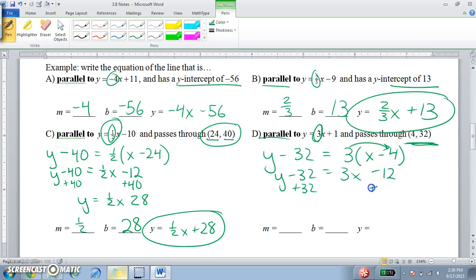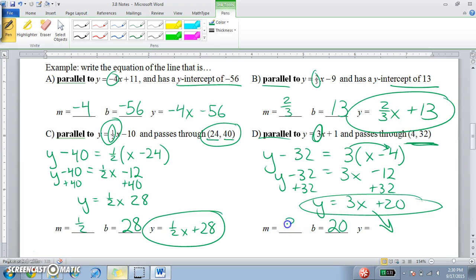Add the 32 to both sides. Y equals 3x, negative 12 plus 32 is positive 20. So y equals 3x plus 20. That would be my equation. B, my y-intercept, is 20, and m, my slope, is 3.